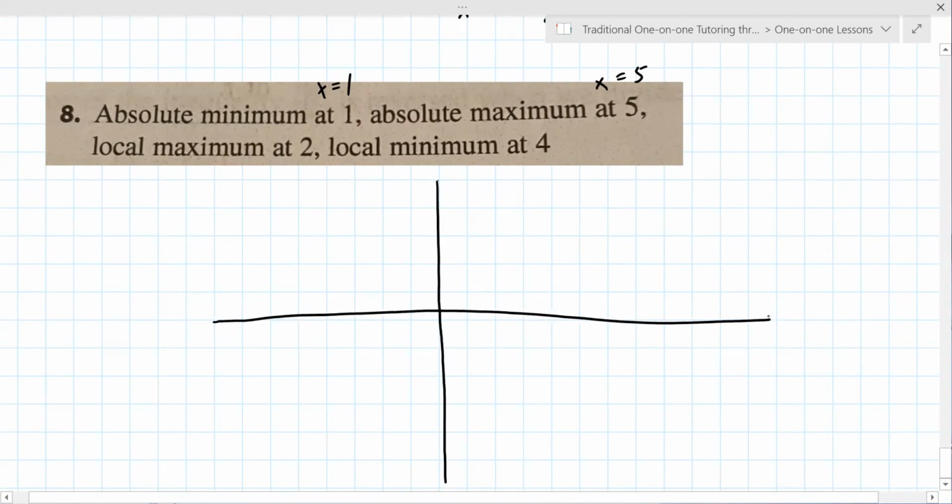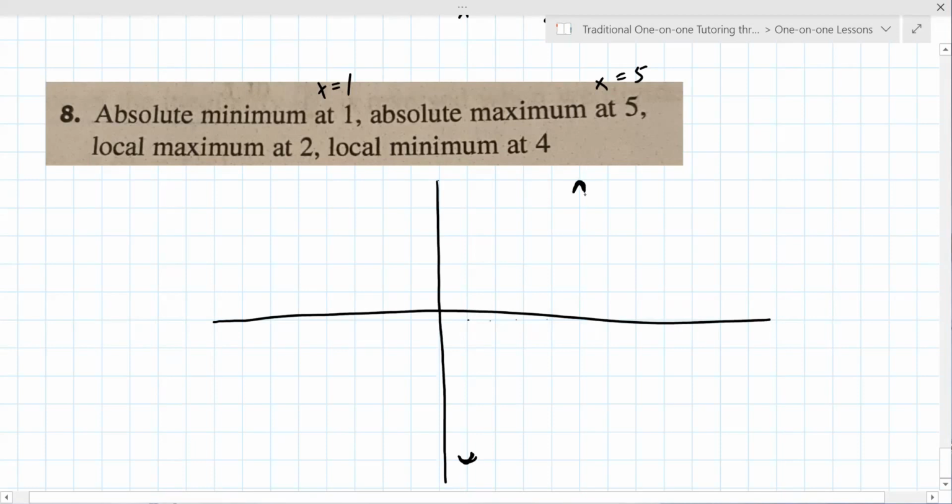So absolute minimum at 1. It doesn't necessarily need to be way below, but that's your absolute minimum. And then an absolute maximum at 5. So 1, 2, 3, 4, 5. I'll just do something up here like that.